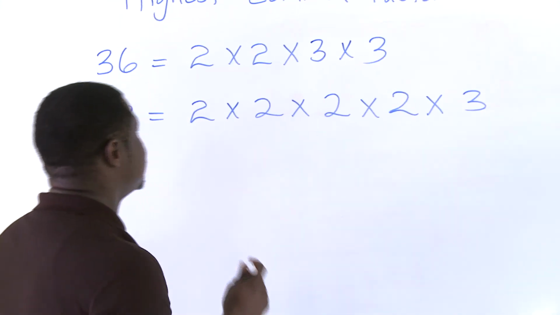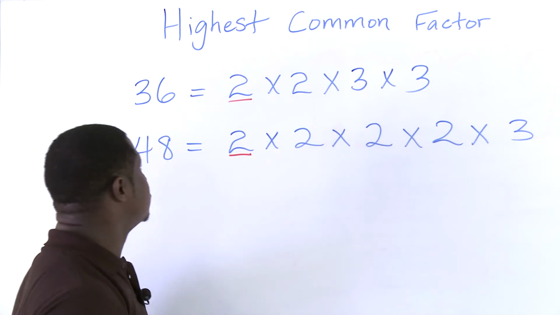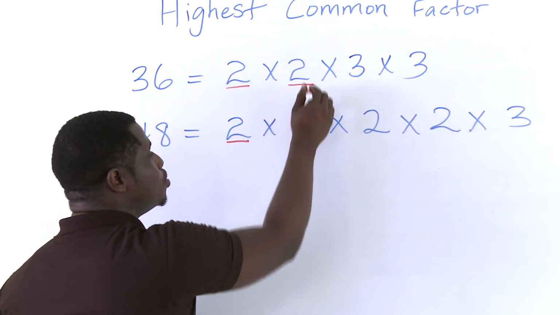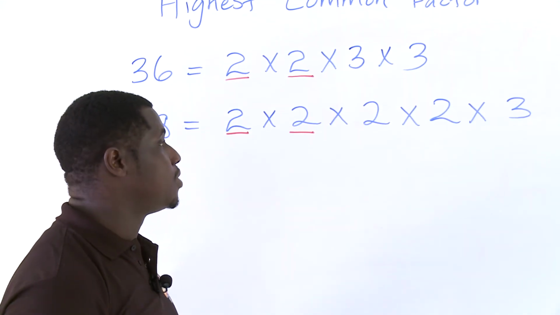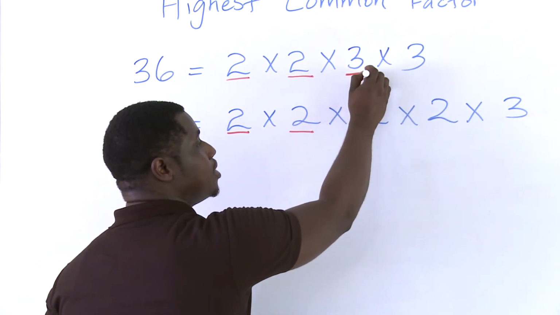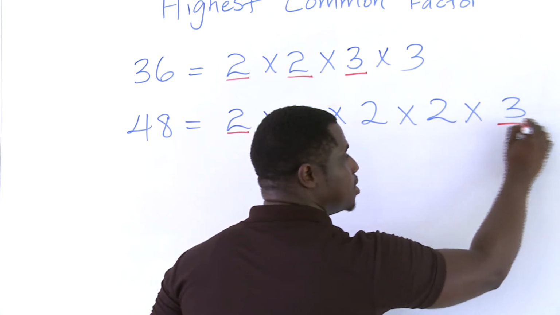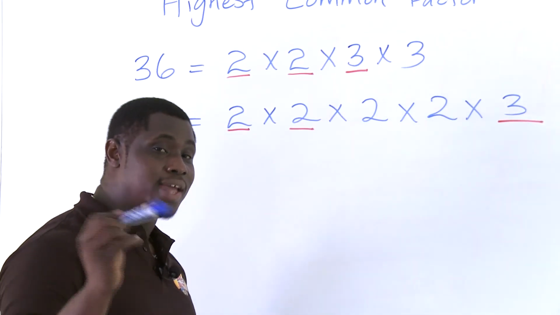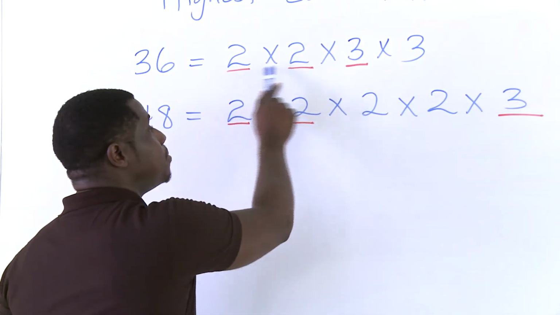So let's see. 2 is common here in both 36 and 48, multiplied by 2, which is common in both 36 and 48. But then I now go to 3, which is common in 36, and is common with this 3 in 48.